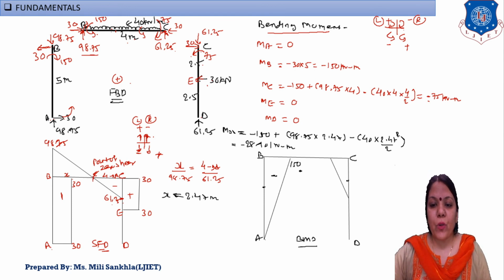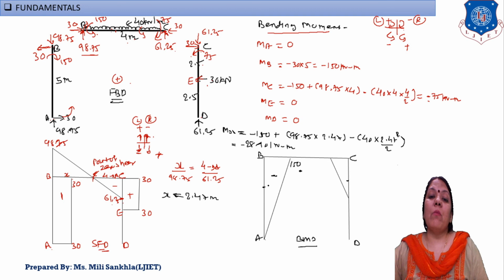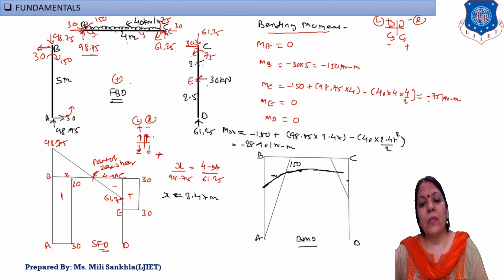Now the BC member is subjected to a UDL, that means the BM diagram of this UDL is in the form of a curve. Simply join here, it is in the form of a curve. Complete this diagram.